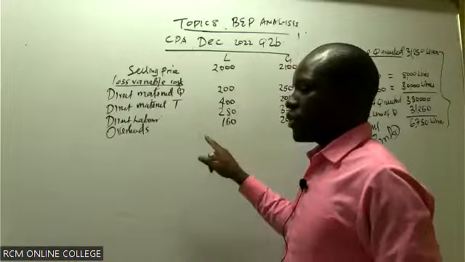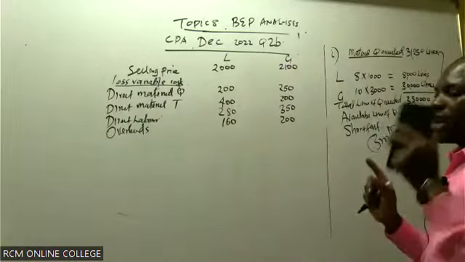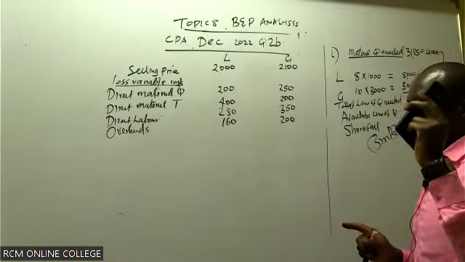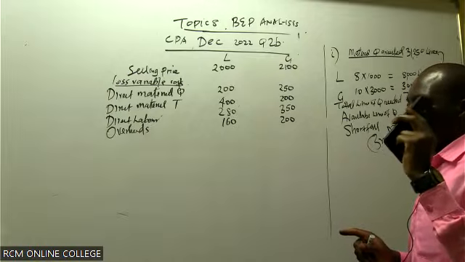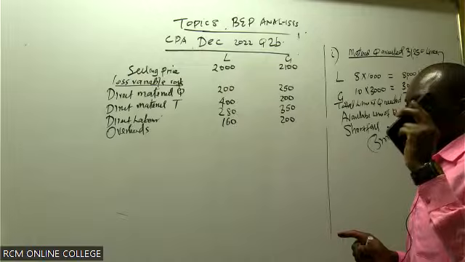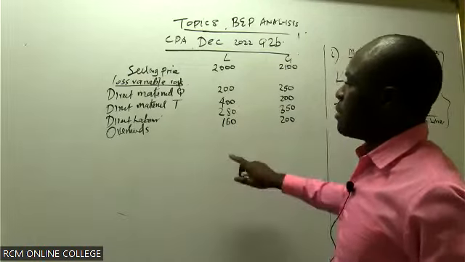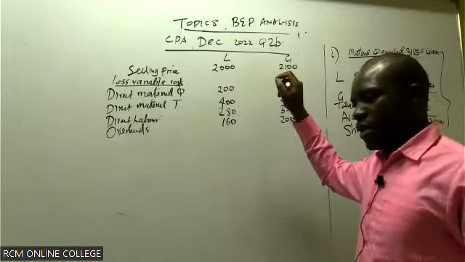No. So it automatically tells you that when you are going to do a question under limiting factor, you are using the costing method. Back to topic number 7. Which costing method are we using here? Marginal. And we said some of the applications of marginal costing are in topic number 8.